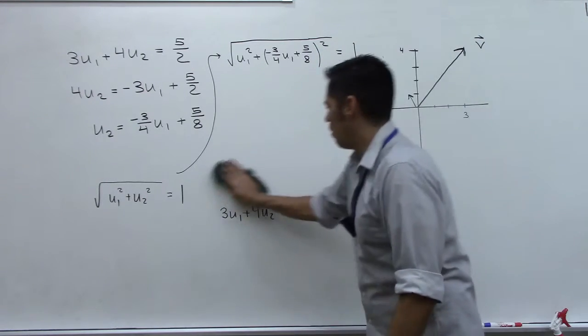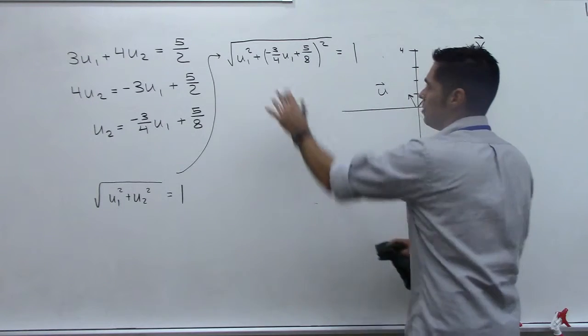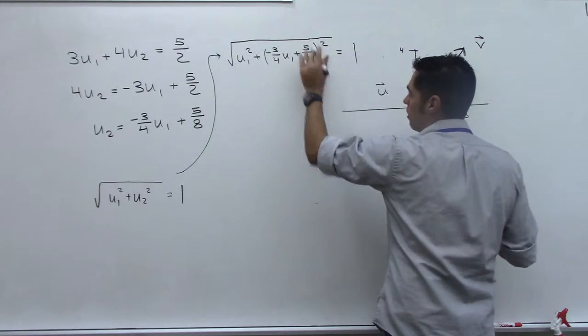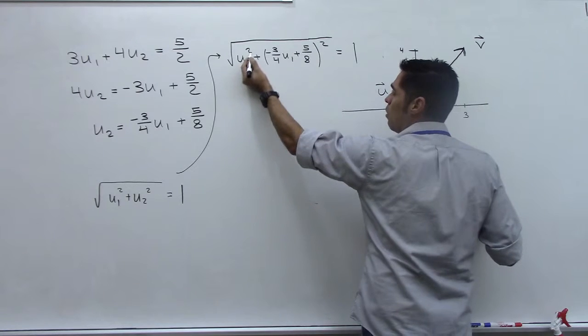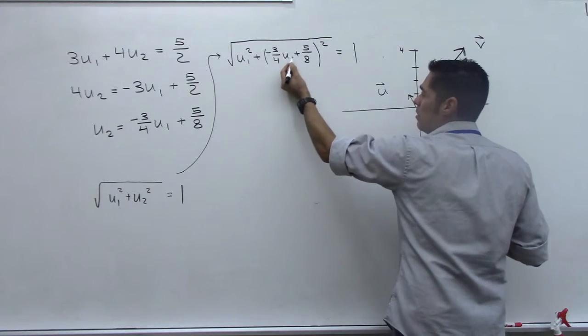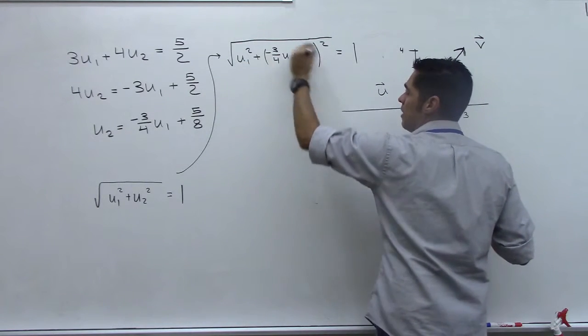This is a radical equation, but u1 is squared here and I'm going to wind up squaring it, so I need to actually expand that out.